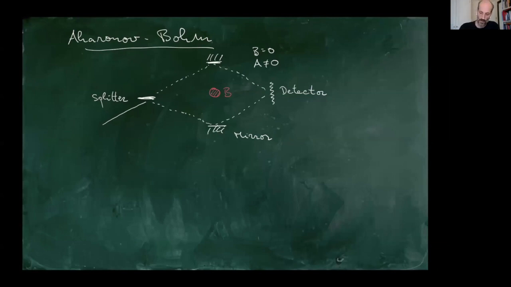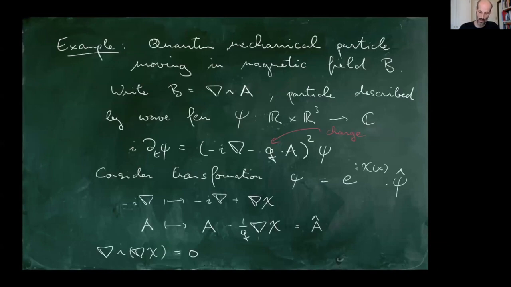And what happens now when you do your interference pattern is essentially that you end up comparing the phase. Because of that equivalence between changing the vector potential and changing the phase.